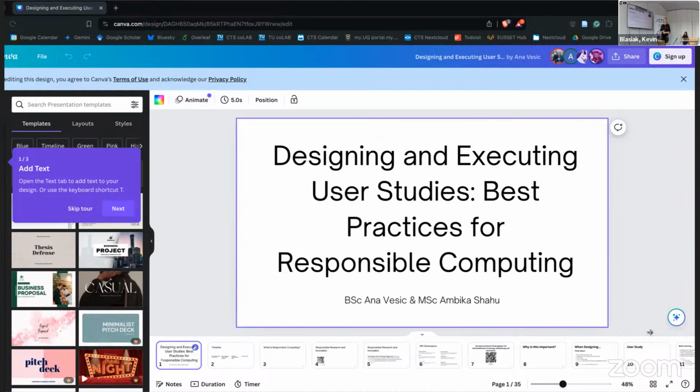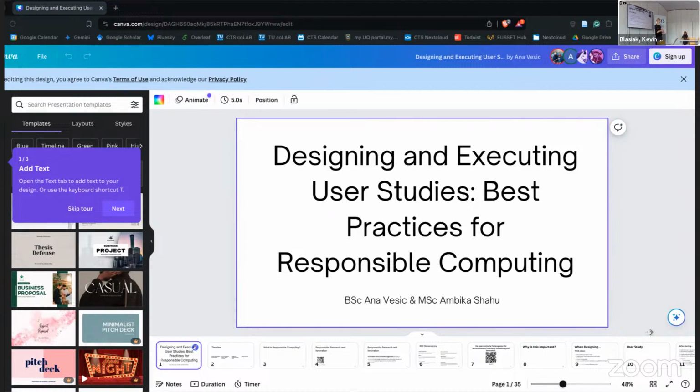Yes. So now we're done with the responsible computing, and we are now focusing on how to actually do this. So how to do a user study and how to design. When we are designing, and before we start literally designing the user study that we're going to do, we need to first of all define the problem that we want to solve.